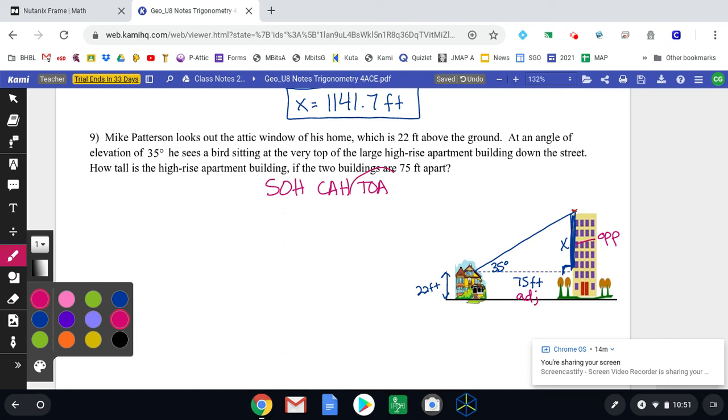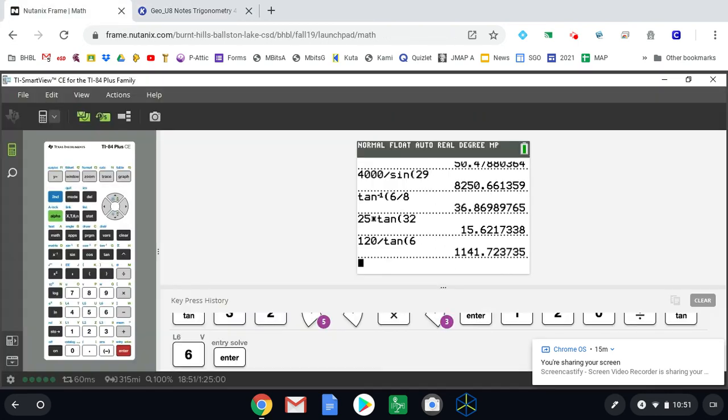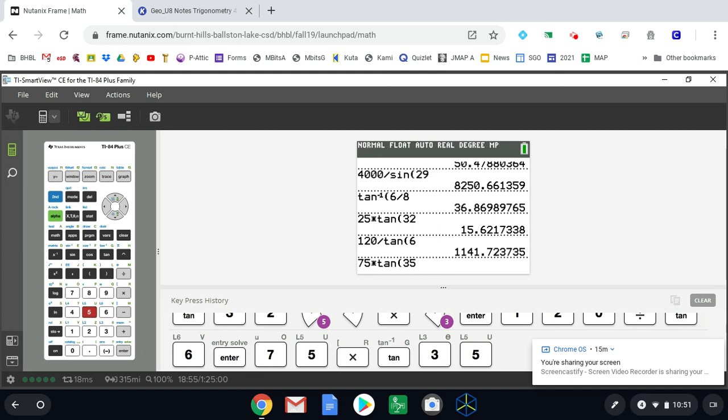This is a tangent function. So the tangent of 35, opposite over adjacent. So let's cross multiply. 75 times the tangent of 35.